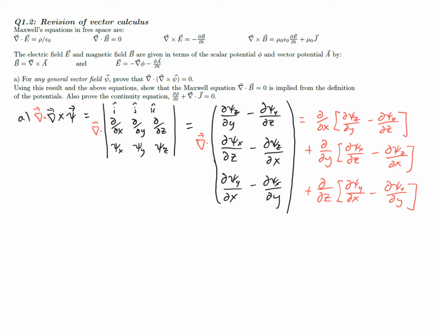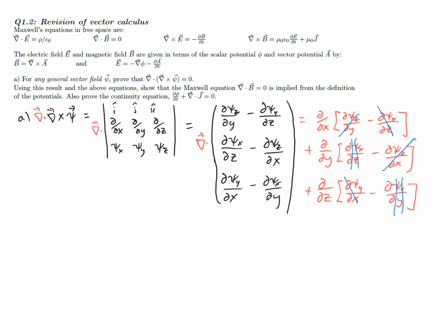So here, this first term, we have d squared psi z by dx dy, and that is something that, I'll just cross out one of the terms, that term there cancels with this one here. Very good. Then this one involving d psi y cancels with this one, and this one cancels with this one.